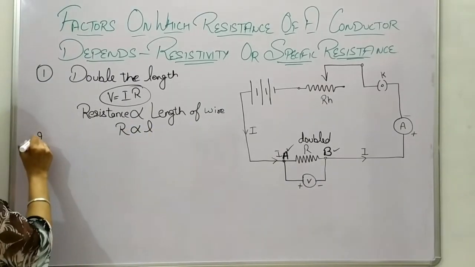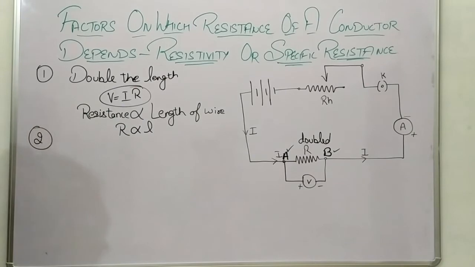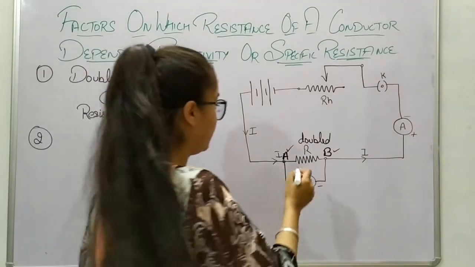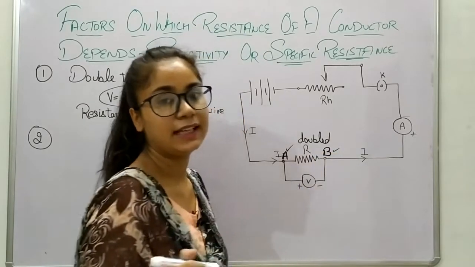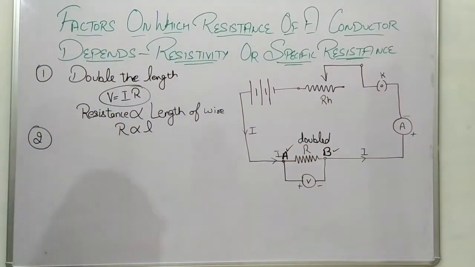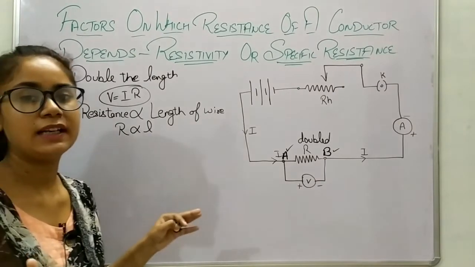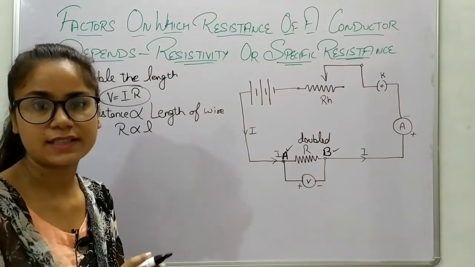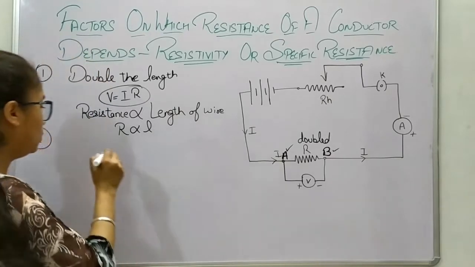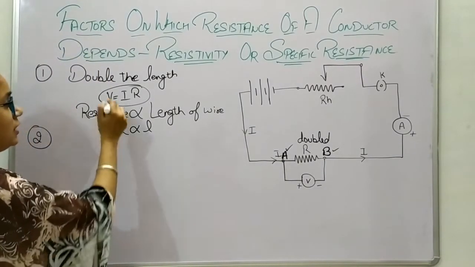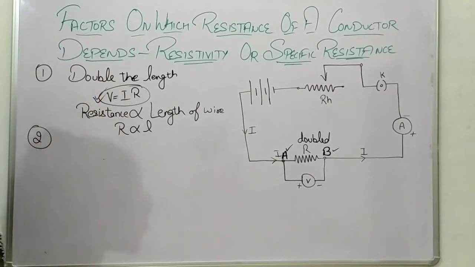Now, in this second point, let us talk about the area of cross section of this resistance wire AB. Let us assume we will halve the area of this resistance wire. We know this formula of Ohm's law.